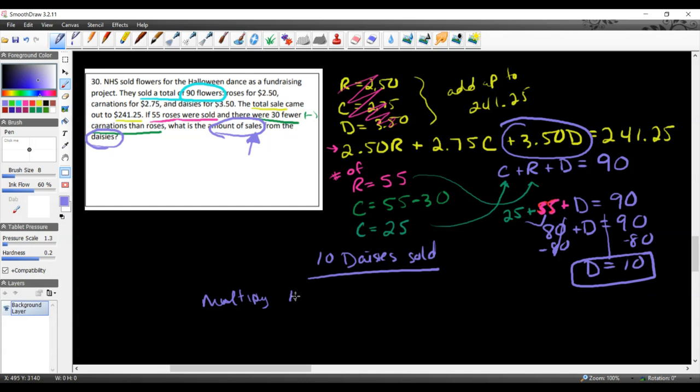Multiply 10 by 3.50. So 10 times 3.50, if you use a calculator, is going to give us $35. Okay, and that's it. So the amount of sales for daisies was $35.